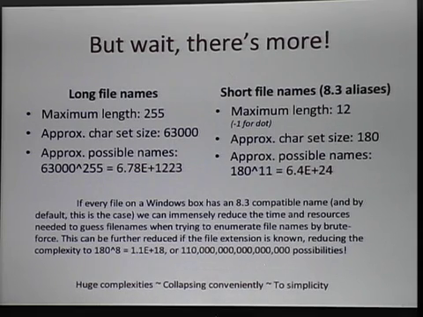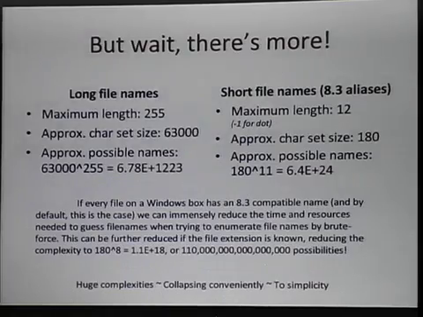When we know the file extension, the number of possible 8.3 compatible names, which every file by default on a Windows system can be referred to with, is about 110 quadrillion possibilities, which for a computer isn't too bad. So brute forcing becomes a lot easier if we're trying to enumerate file names that we don't know.